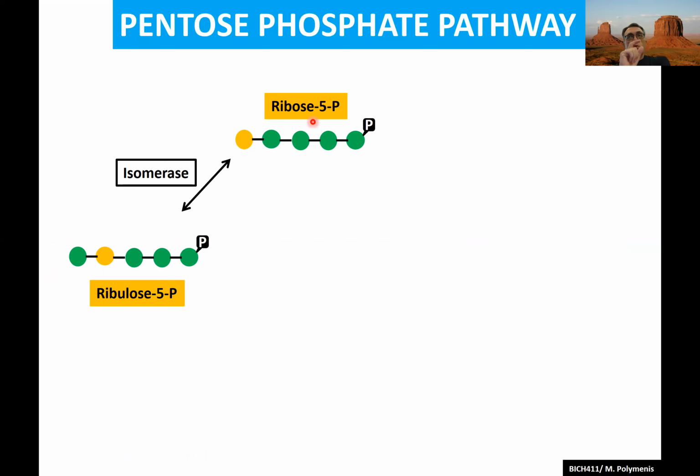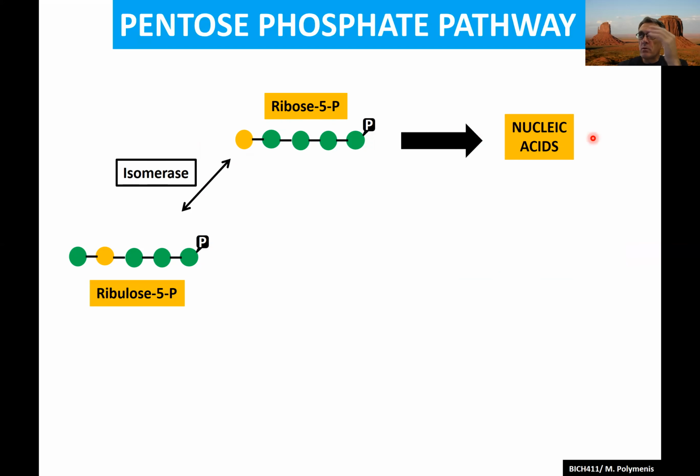That's actually a super valuable 5-carbon unit. It can go straight into nucleic acids and some amino acids too. So this is a very important building block for biosynthesis, just from a single isomerase reaction. You can see how the pentose phosphate pathway already provides key building blocks for biosynthesis.